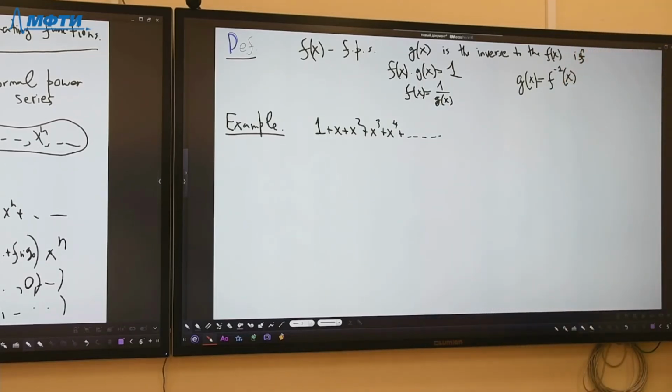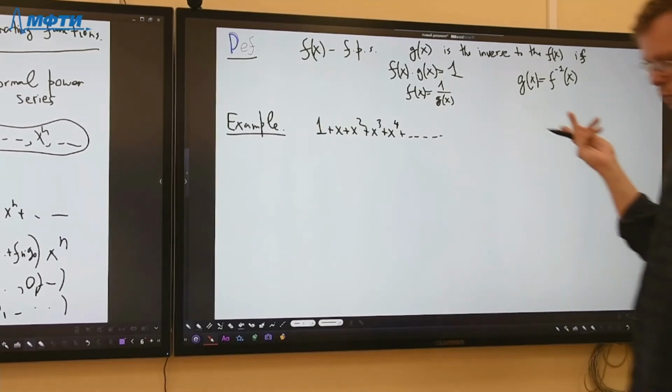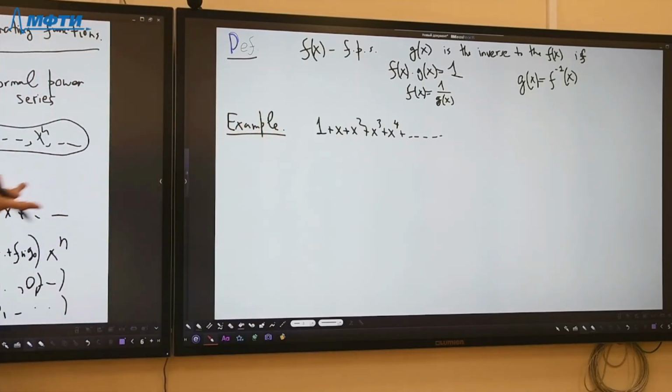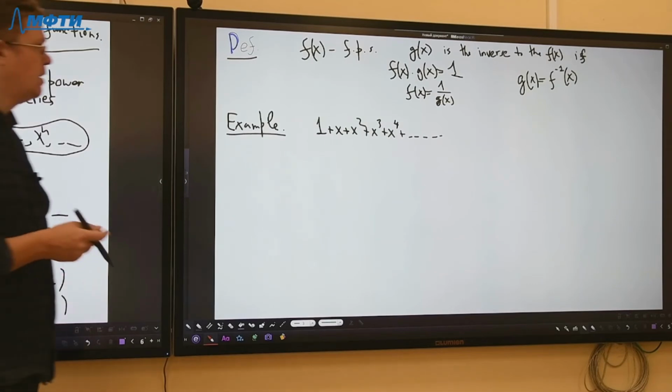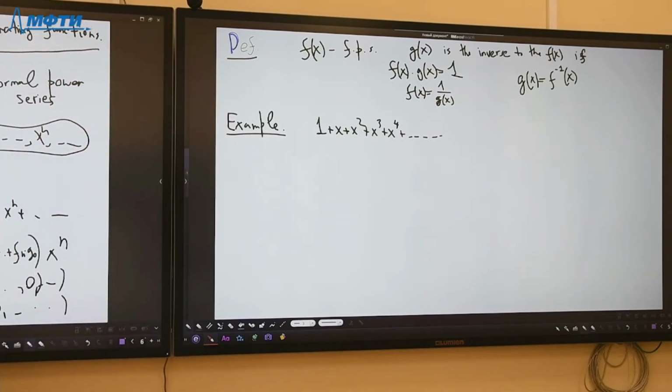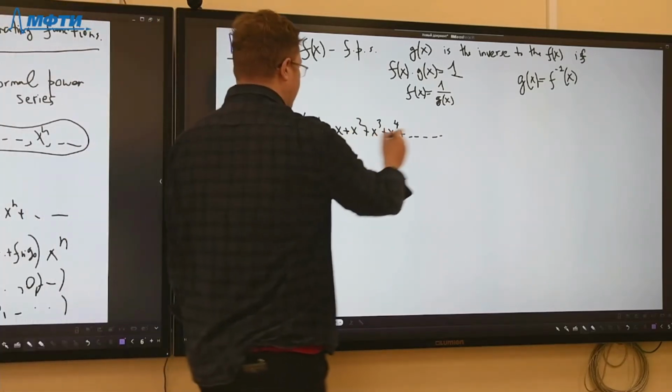If it exists, it is unique. And of course my multiplication is commutative, so I can write f(x) times g(x) is equal to 1, or g(x) times f(x) is equal to 1. I don't think I need to explain the definition.